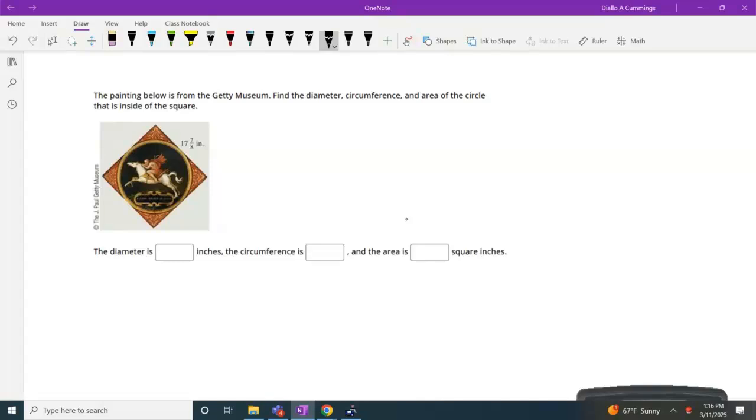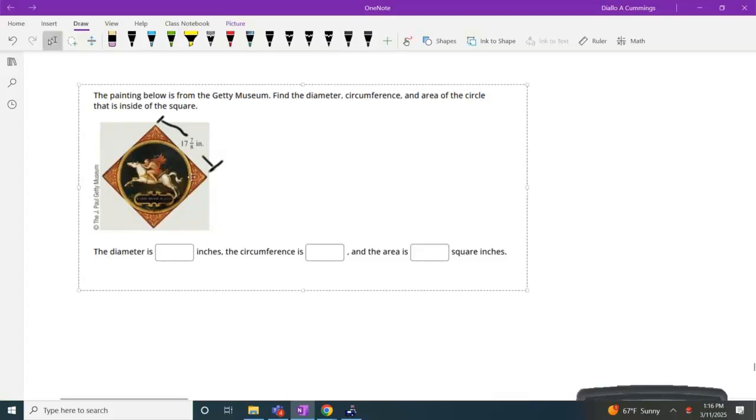That's on the outer rim of this circular person on a horse. And it says that this length is 17 7/8 inches. So it's giving us the side length of that square. We're asked to find the diameter of the circle within.